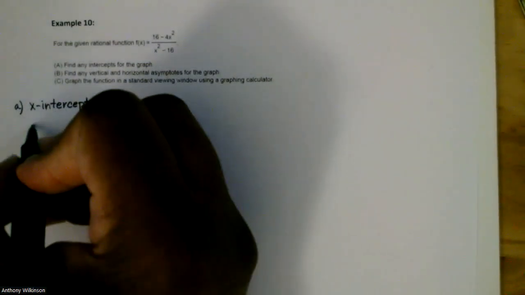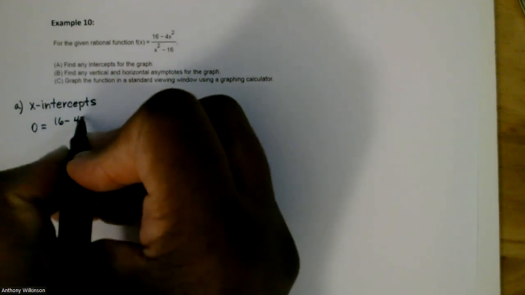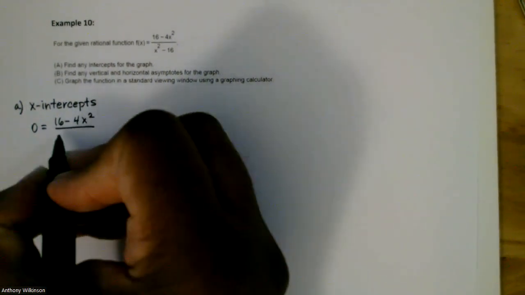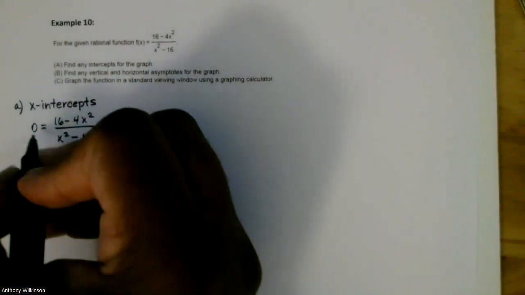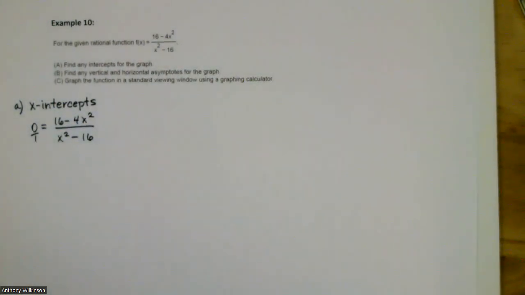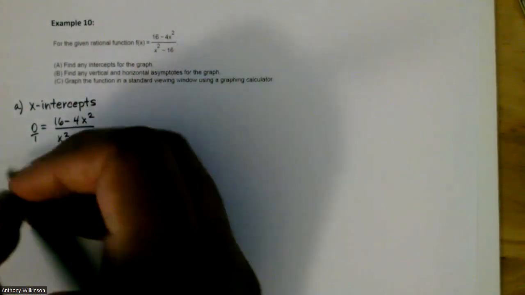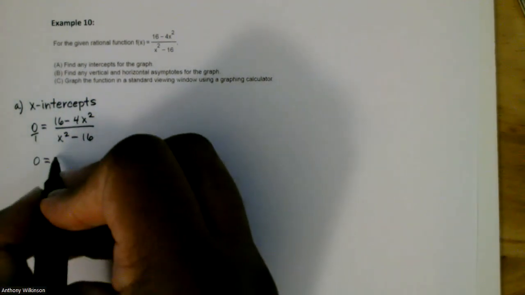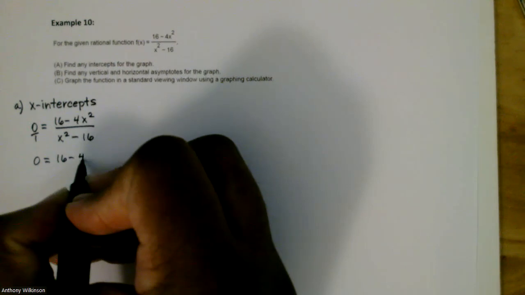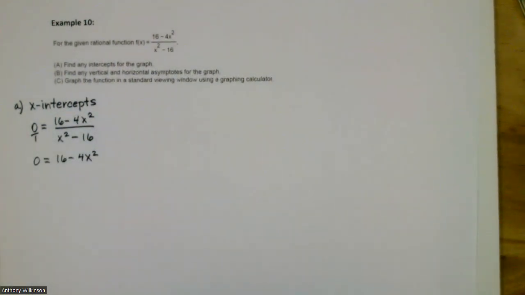So f of x will be set equal to 0, equaling 16 minus 4x squared divided by x squared minus 16. Now I'm going to treat that 0 as 0 over 1 and do some cross multiplication. So 0 times x squared minus 16, that's going to be 0, equaling 1 times 16 minus 4x squared, which would be 16 minus 4x squared. All I'm doing there is just cross multiplying.